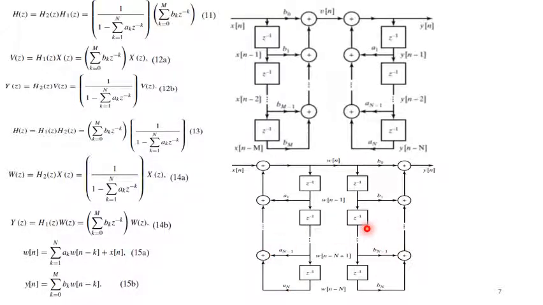Essentially it results in the same output y[n]. The only difference is that instead of having the pole-zero terms first, now we have the pole terms first.